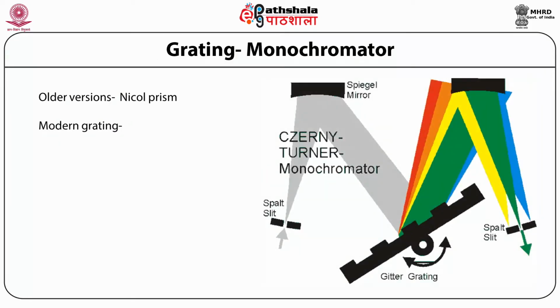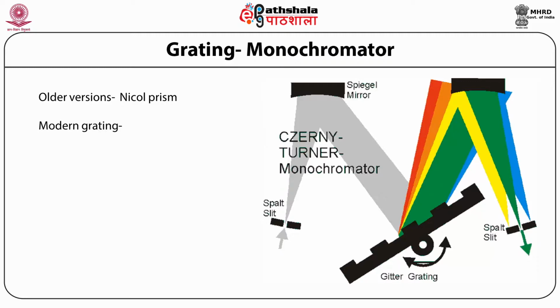This slide shows you how a Czerny-Turner monochromator works. It has a grating on its surface, and light is allowed to fall on it and splits into a rainbow, and a slit allows a particular wavelength. When you move the grating, you are able to separate a particular wavelength to go out through the slit.